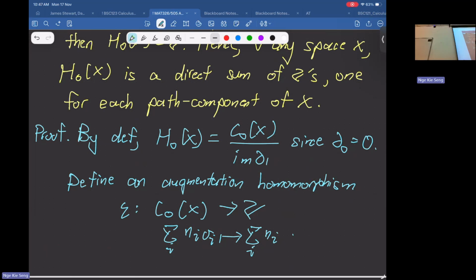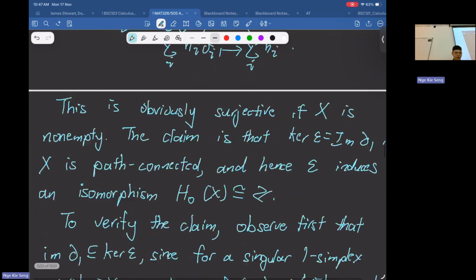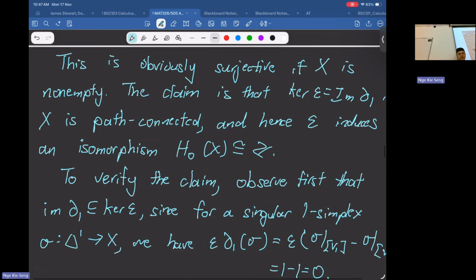But it maps into points, so there's a relation between lines and points here. Path connected is actually linking points with delta_1. So there's some relation here. Obviously this is surjective, because you just take a z and send it back to some sigma.